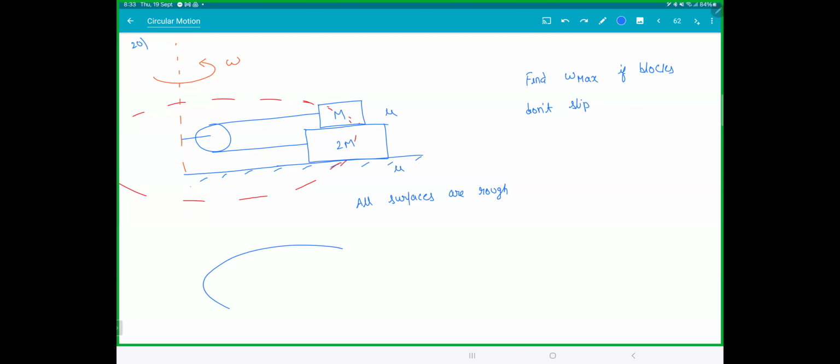Basically, it would have looked something like this. And this whole plate is rotating with omega. I'm just showing the one view. Let's get this.